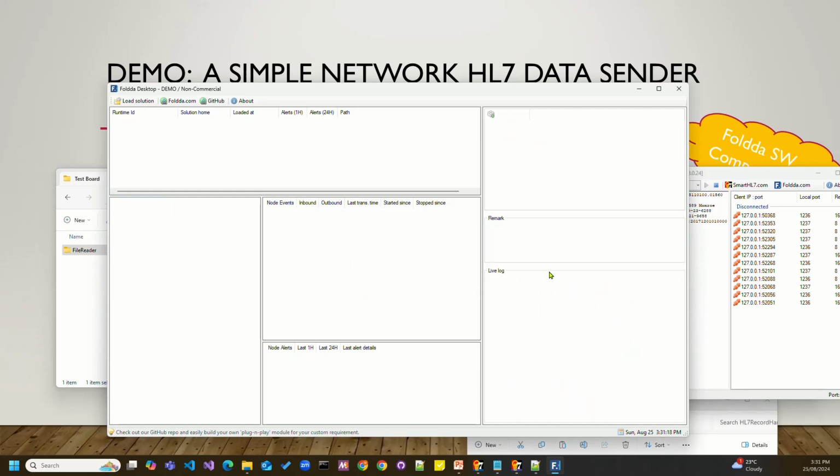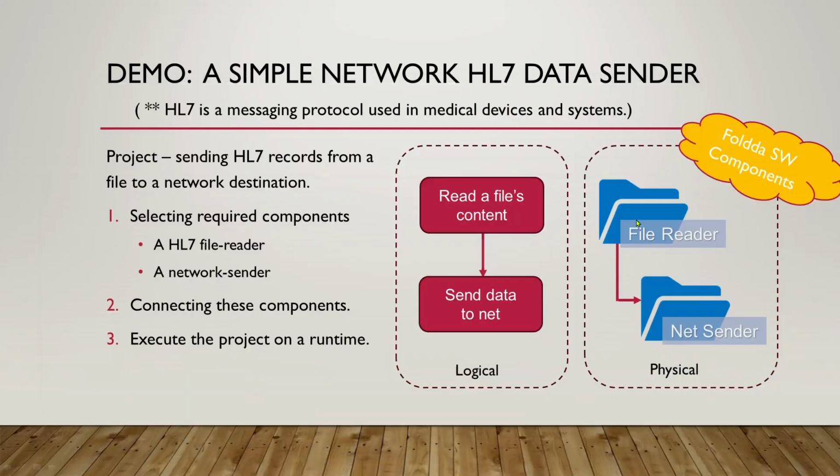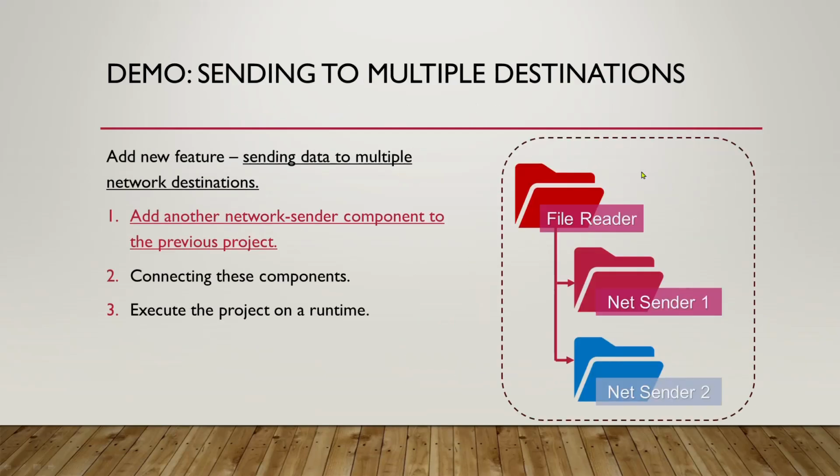So now let's say you want to extend your Hello World program so you can send the same data but to two network destinations. So in this case, all you need is put another net sender out. So you have one input but two different targets or destinations at the network sender.